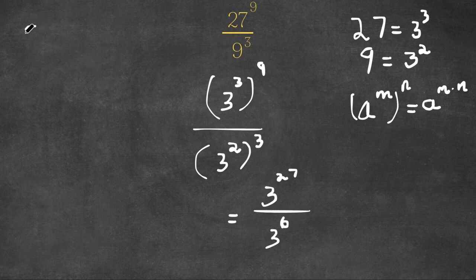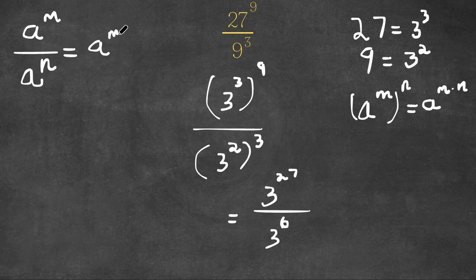Now, if we have something in the form a to the power of m over a to the power of n, this is equal to a to the power of m minus n. So right here, we could think of a as 3, m as 27, and n as 6.